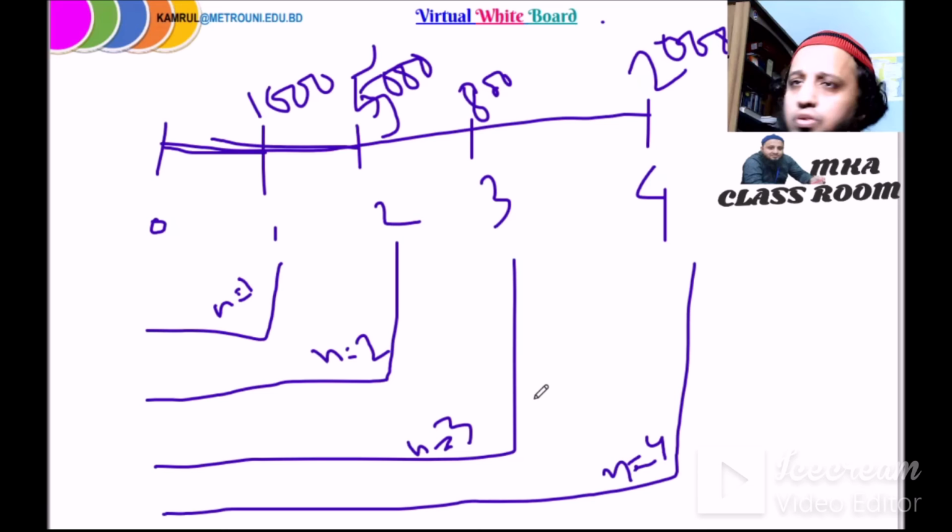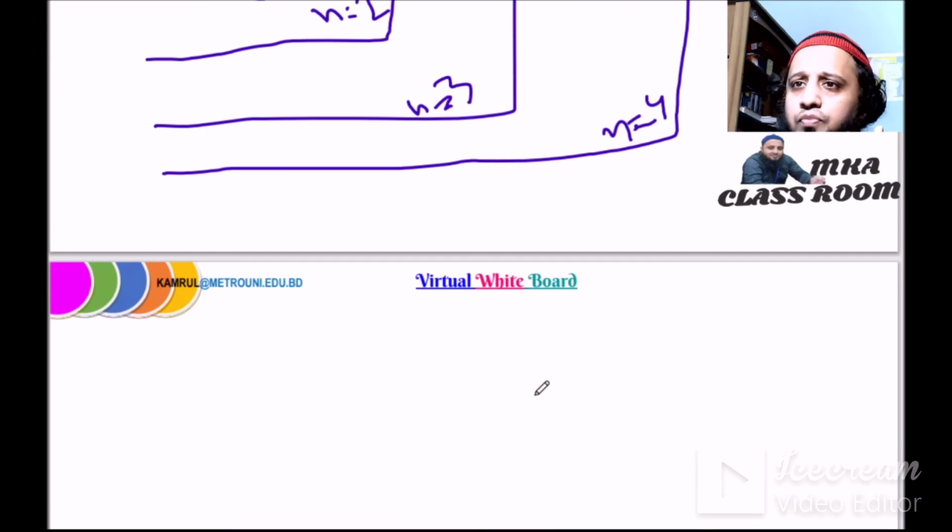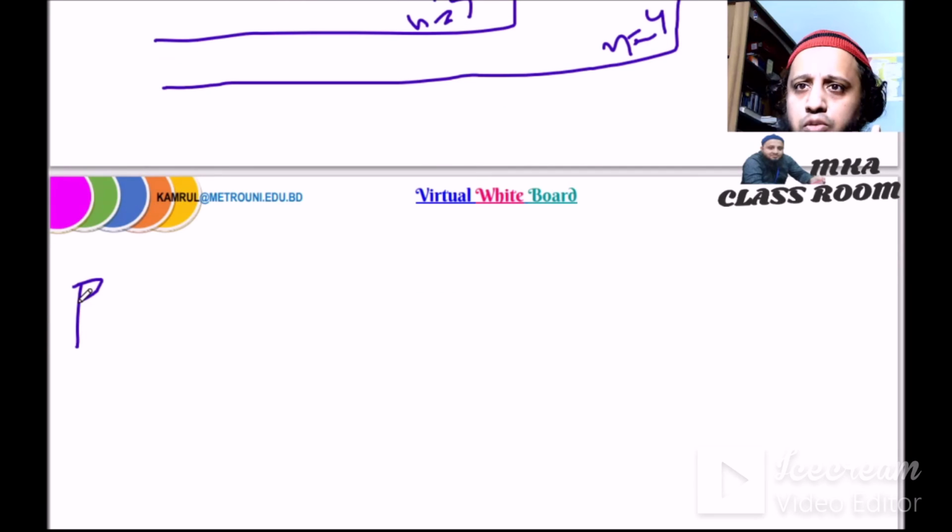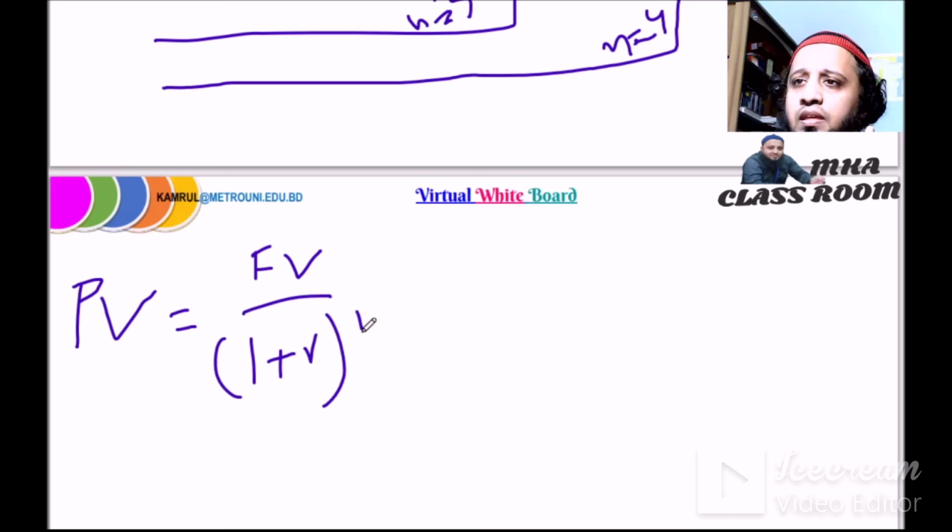So, that is very simple. We know our present value formula. Present value equals future value divided by 1 plus r power n. That is our single amount formula.